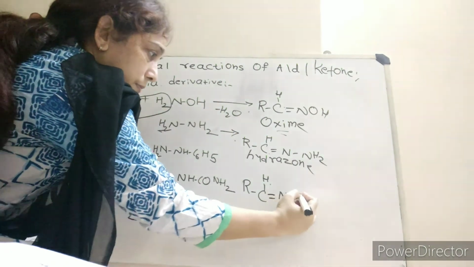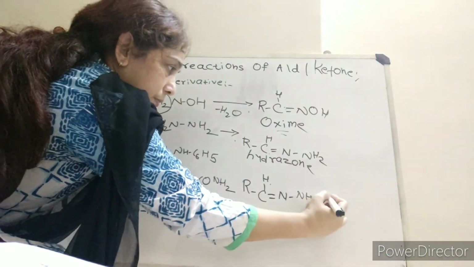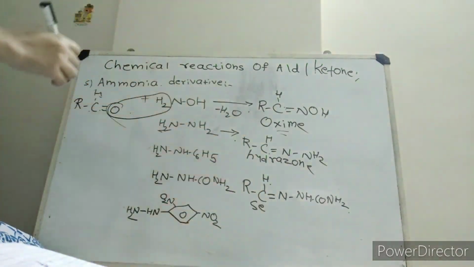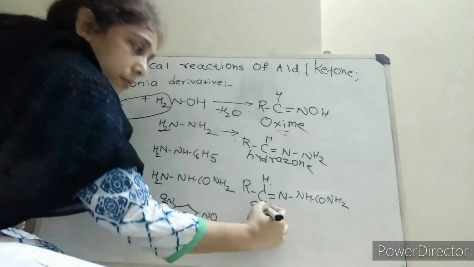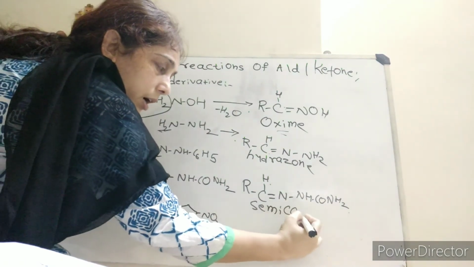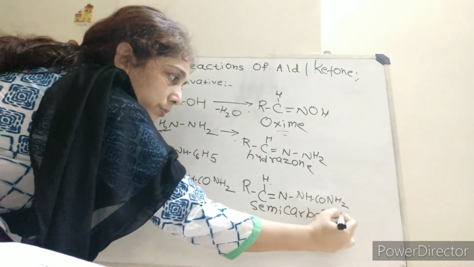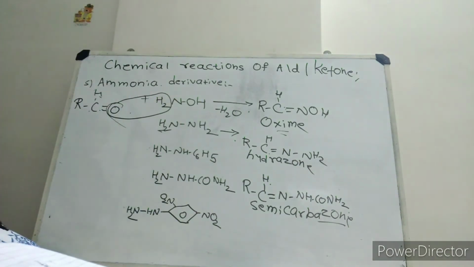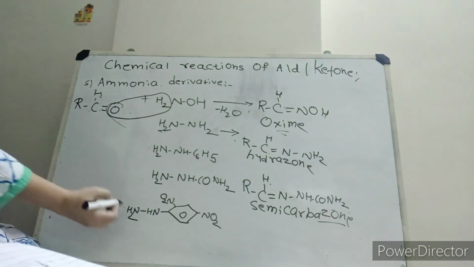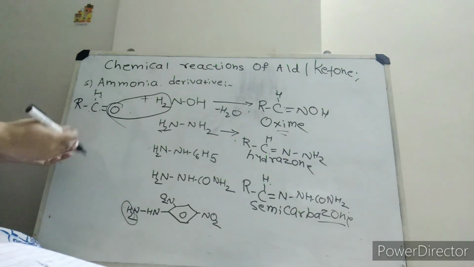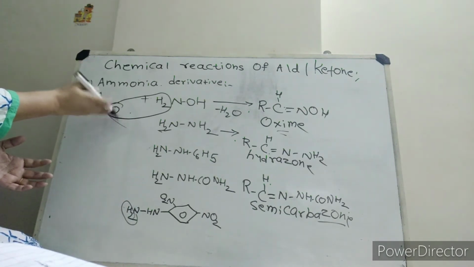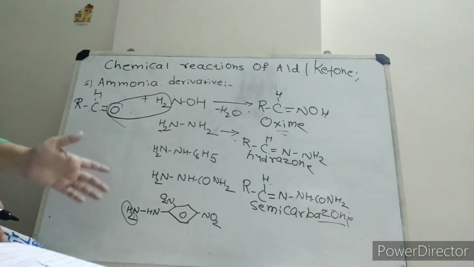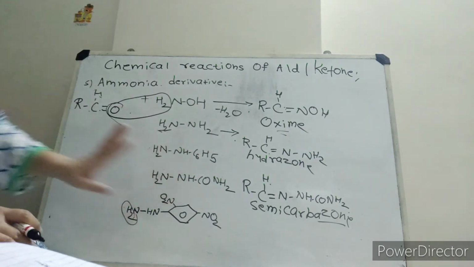It is known as semicarbazone. Same thing for this also: these 2 hydrogens we have to combine with this oxygen, and a water molecule is given out to form 2,4-dinitrophenylhydrazone.